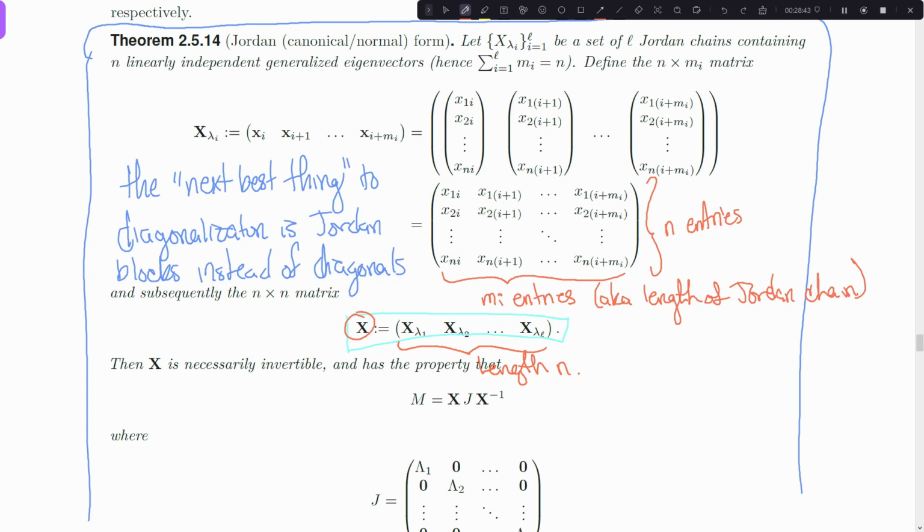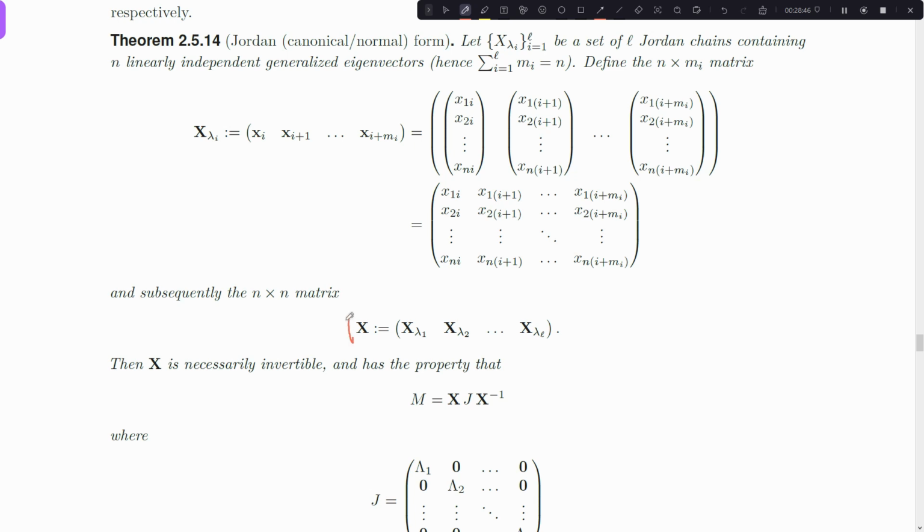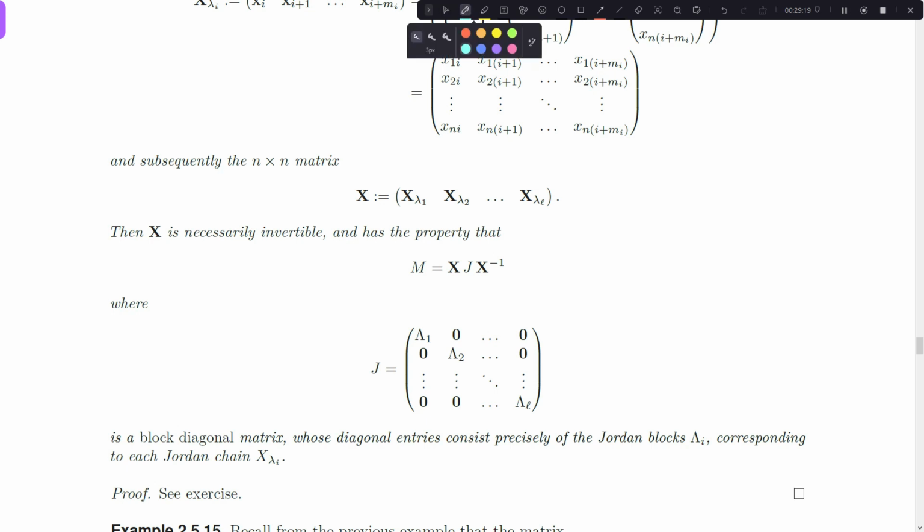Okay, now this X that I've just constructed is my so-called diagonalization X, but you've noticed that I haven't placed a D here. This is J, not D, because not quite diagonal. The next best thing, that's what we can think about. So matrix M is X J X inverse, not quite diagonal. The matrix J is diagonal-ish.